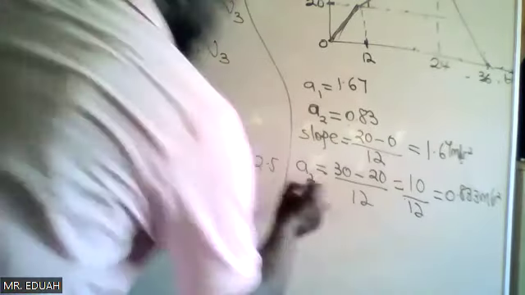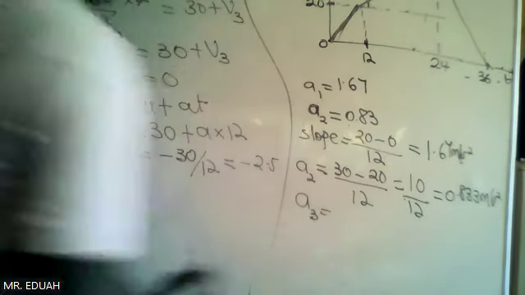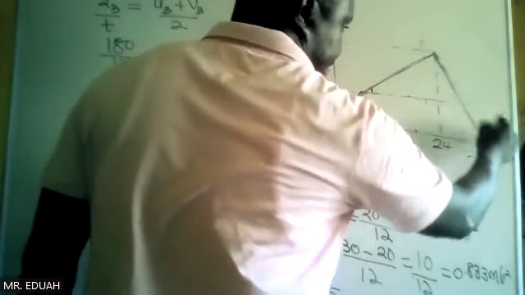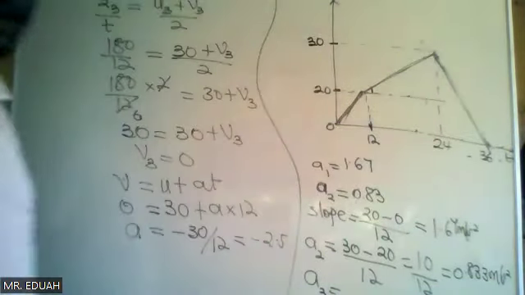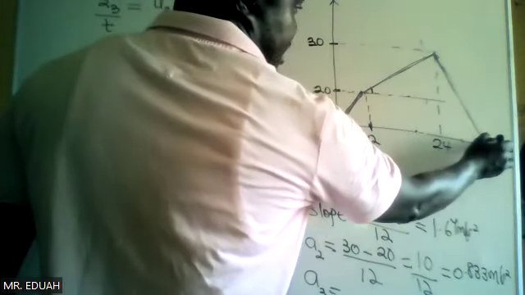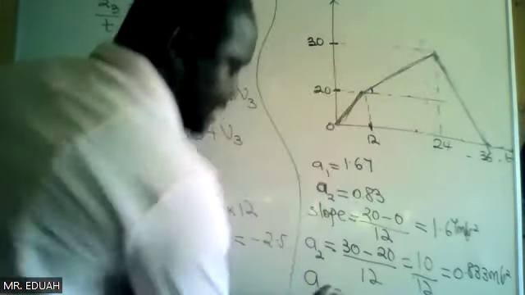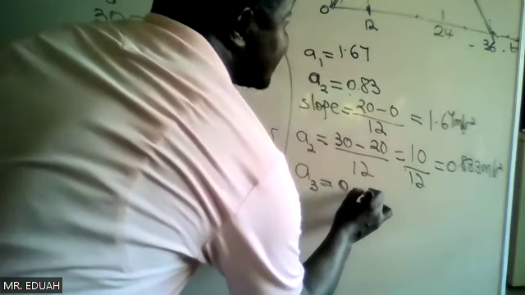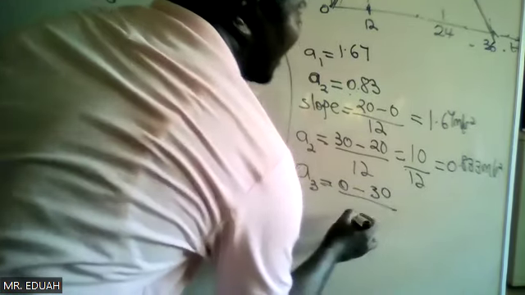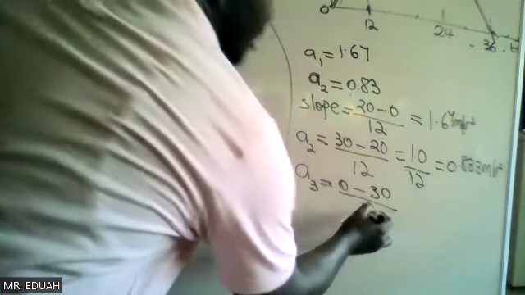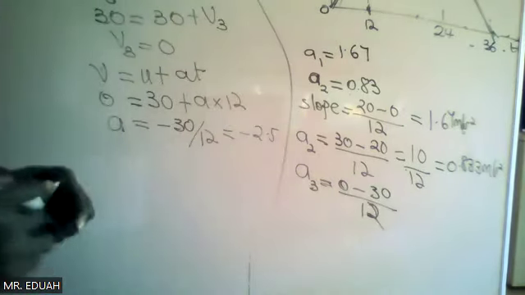Then the acceleration of the last part, A3, must also be the slope of this same part. And this is a deceleration. So the final is 0, the initial is 30, and so we have 0 minus 30 over 12, and we need to have negative 2.5.